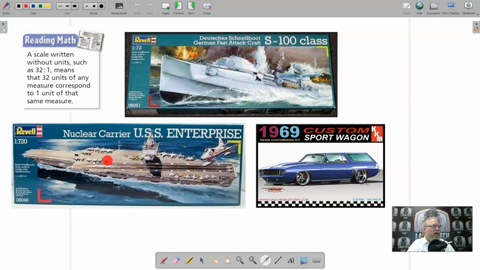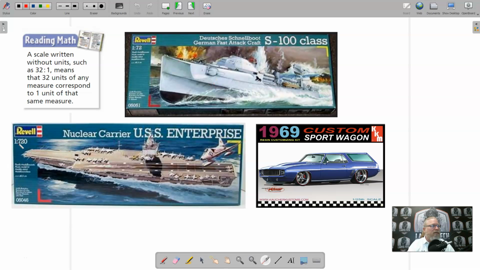Here we have another one, a nuclear carrier, the USS Enterprise. Now, an aircraft carrier is a pretty big boat. So 1 is to 720 is not very surprising. You might build these two models, the German fast attack craft and the aircraft carrier, and sitting on your table, both models might be pretty close to the same length, but in real life, this aircraft carrier is a heck of a lot longer than this German fast attack craft.